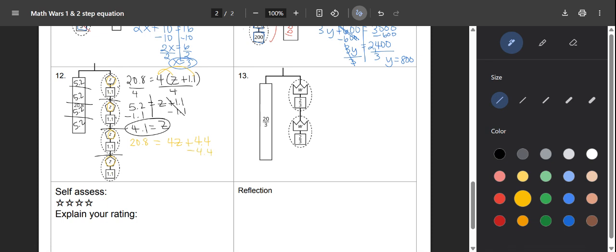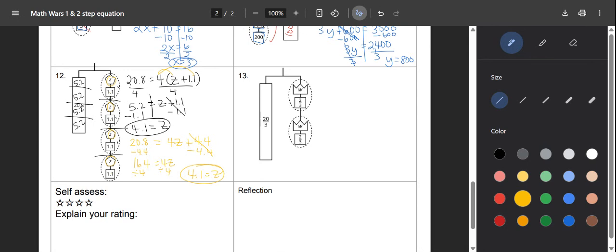So we subtract our 4.4, undo our addition and subtraction. We do 20.8 minus 4.4. That gets us 16.4. 4 z's are equal to 16.4. So to undo that, I would divide by 4. Guess what I get? 4.1.